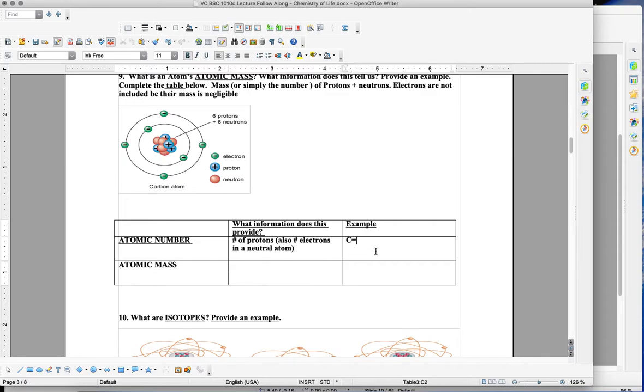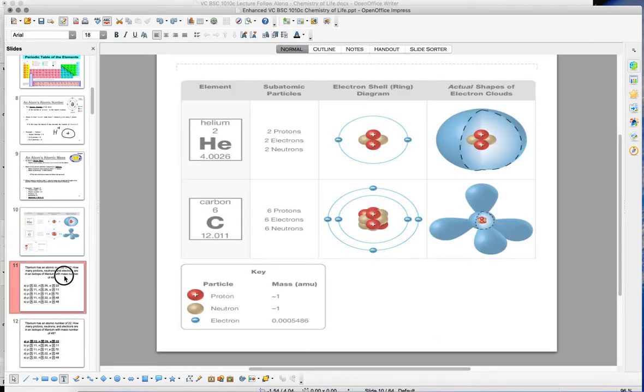For example, carbon equals 6. And then the atomic mass is the number of protons plus neutrons, and so carbon equals 12. Okay. All right, so I've got a couple practice problems here.